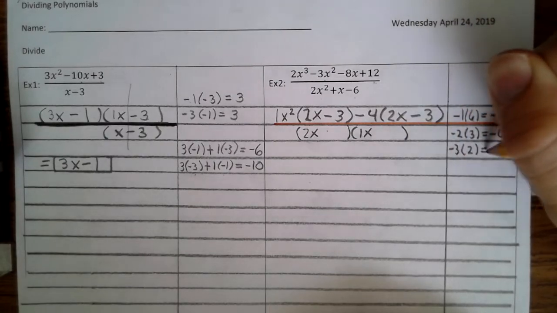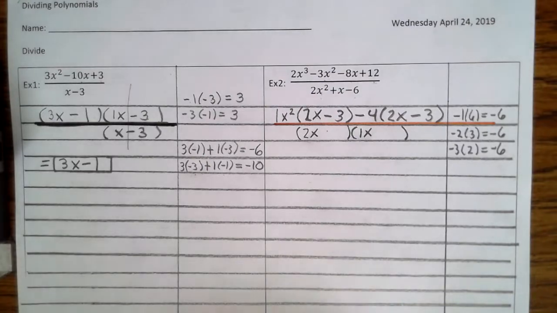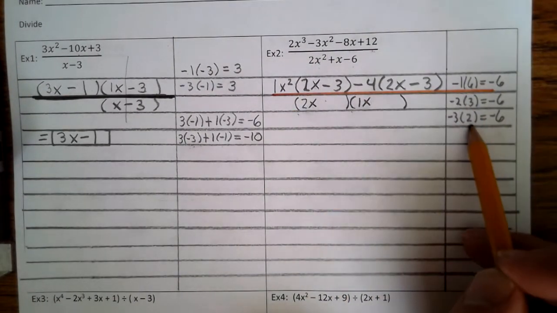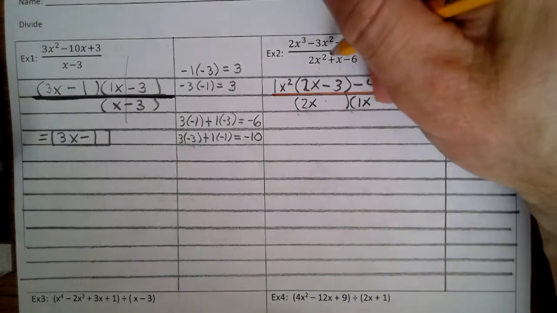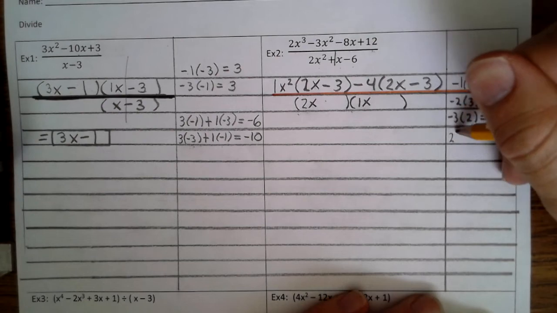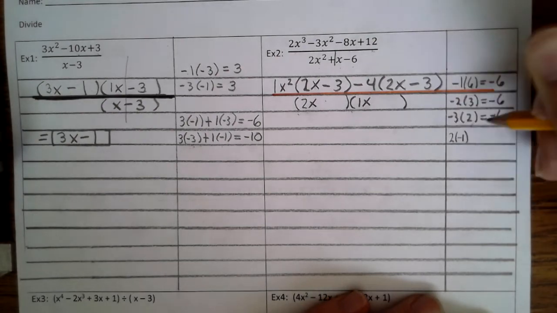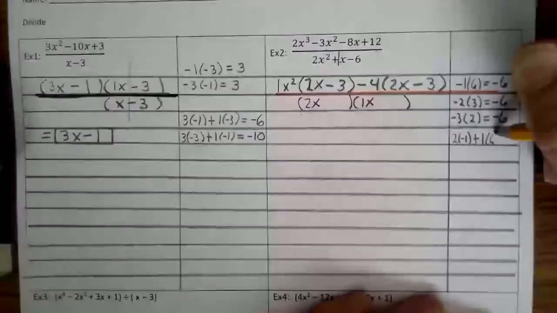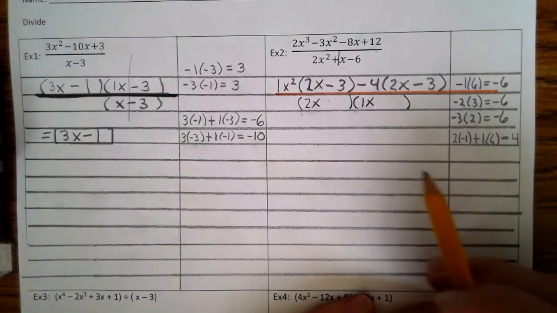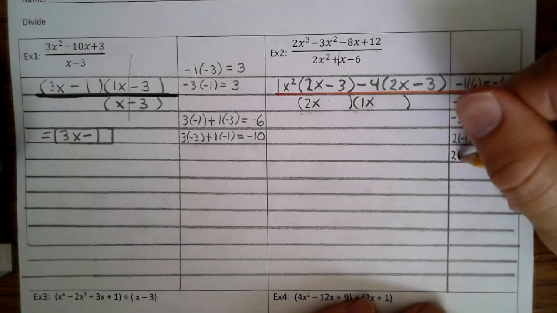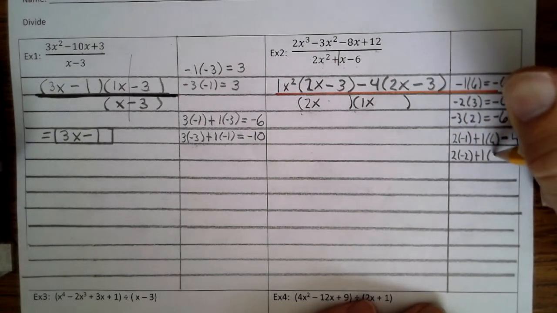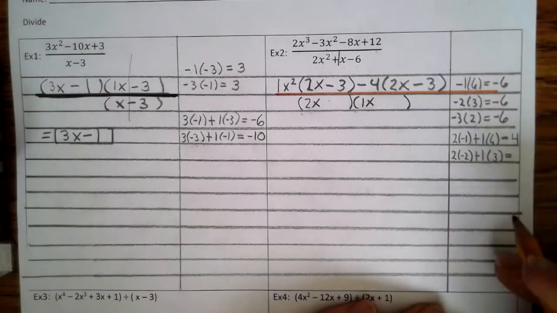And again, the difficulty, we have to multiply 2 times the first term and 1 times the second term to get a positive 1. So let's try the first. So 2 times negative 1 plus 1 times 6, which is a positive 4. That doesn't work. So now let's try 2 times negative 2 plus 1 times 3. Well, that's negative 4 plus 3 is negative 1. That doesn't work.